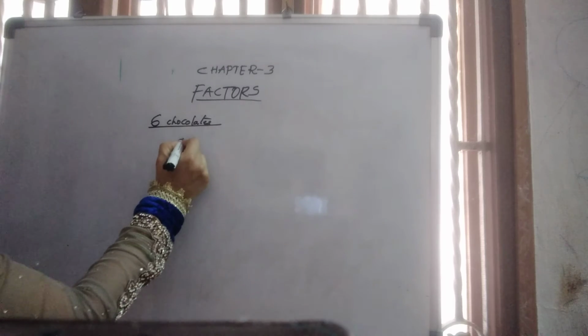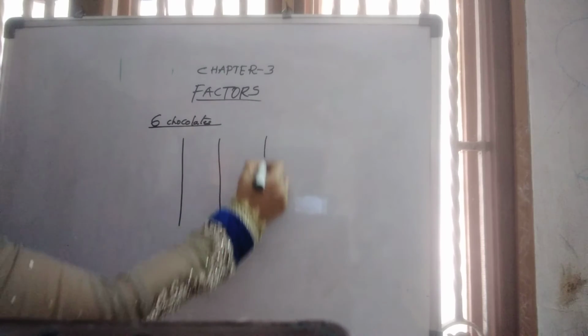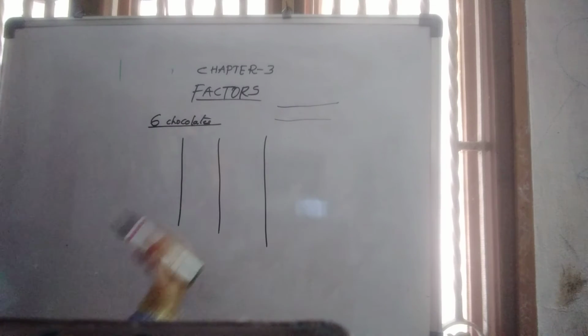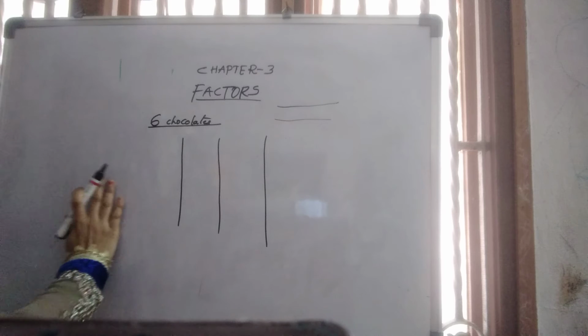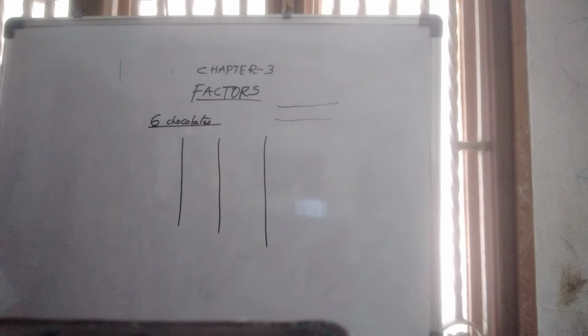Column means vertical lines. Rows means horizontal. She arranges them in many ways using all the coins.